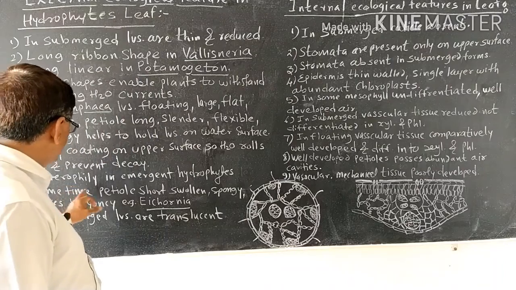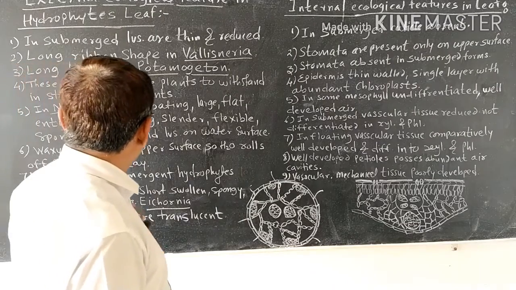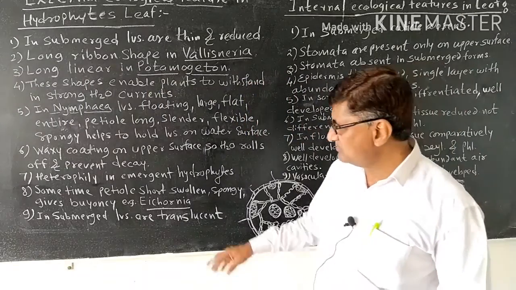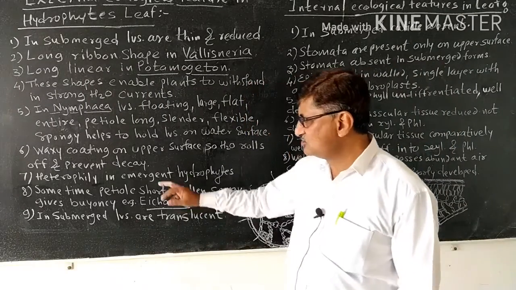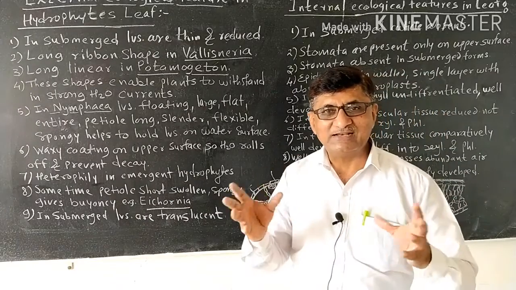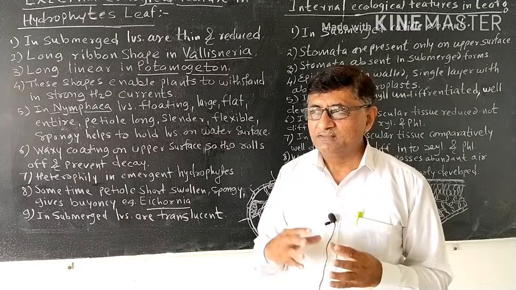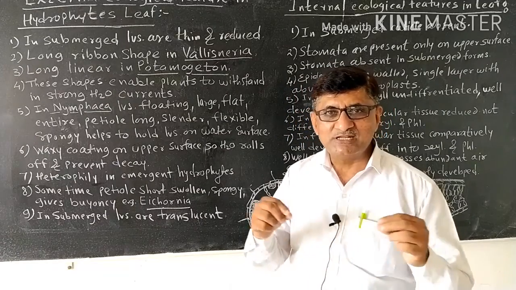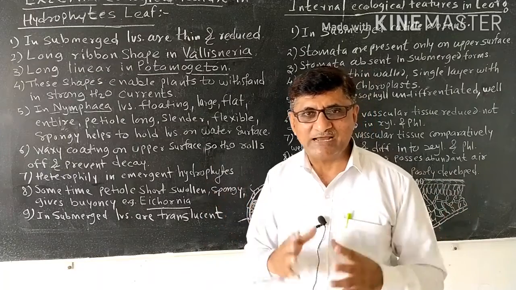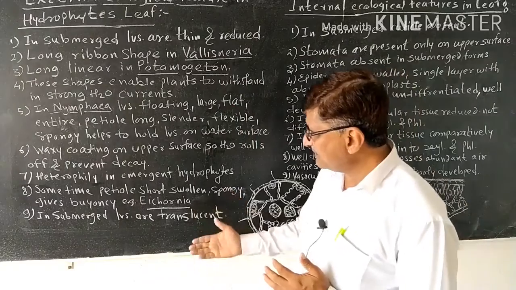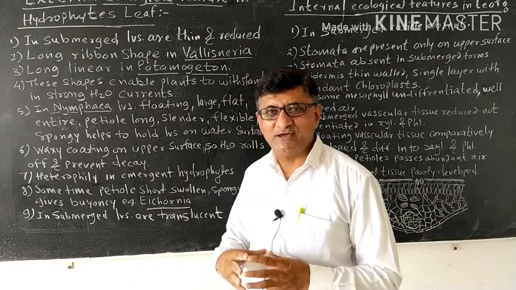As I said, in some hydrophytes heterophylly is observed. Mostly in emergent hydrophytes you will see heterophylly. Heterophylly means development of two different kinds of leaves. The part inside the water shows linear, elongated, reduced leaves, whereas the same plant above the water possesses well developed leaves.